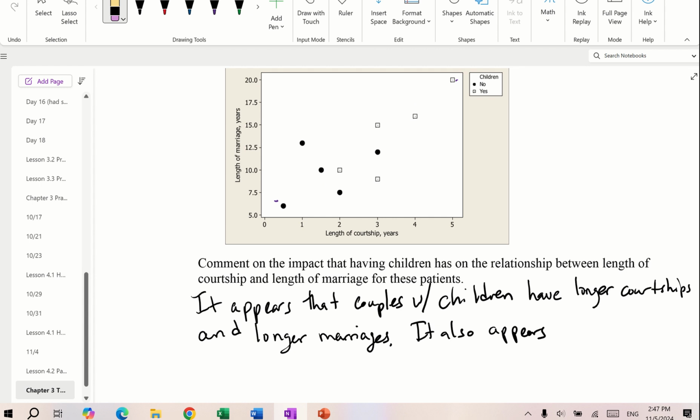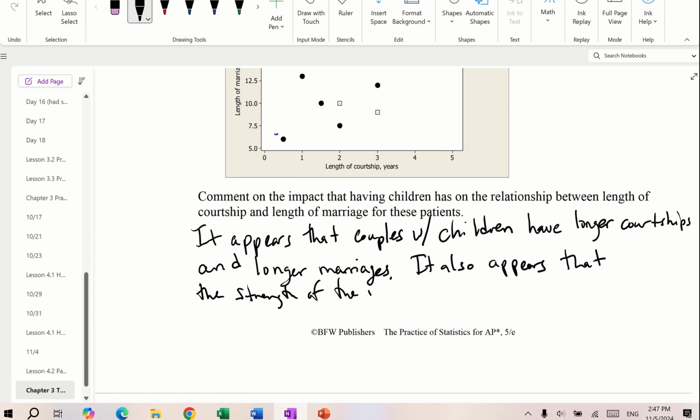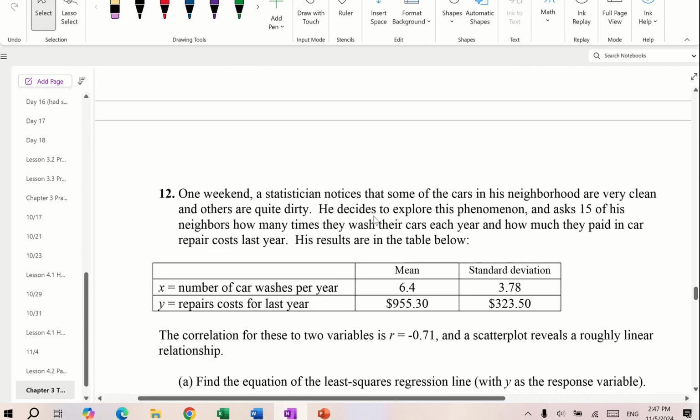So it appears that the strength of the relationship is greater for couples with children. Okay, all right, so that takes care of that one.